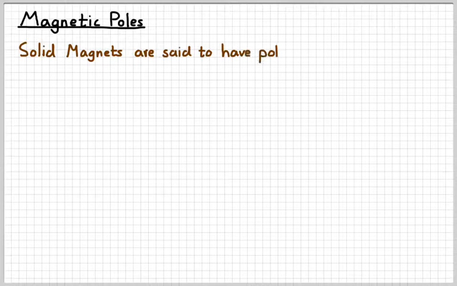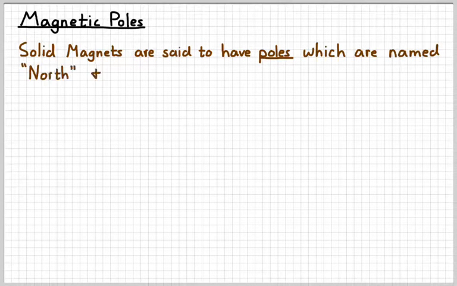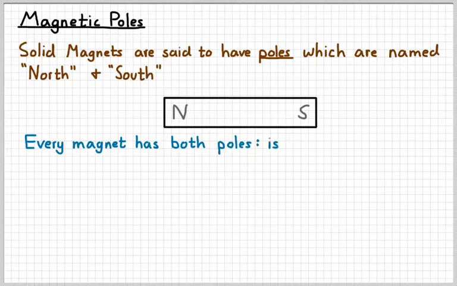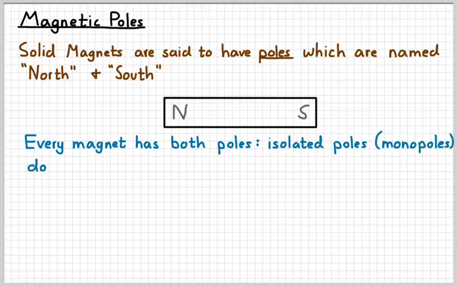Real quick, the idea of a magnetic pole: if you have a solid magnet, like a piece of iron, then it's said to have poles, which are named north and south, which kind of look like that. Every magnet has to have both a north pole and a south pole. You never see an isolated pole or a monopole in nature.